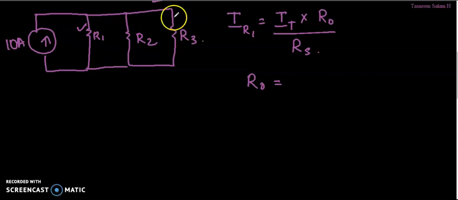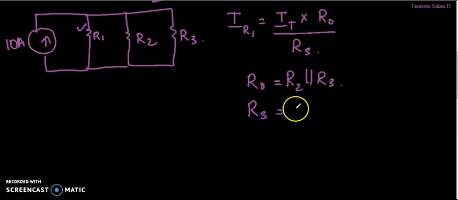The other two resistors are R2 and R3. Therefore, R0 is equal to R2 parallel R3. And the sum of the resistors Rs is equal to the total resistance, that is R1 plus R2 parallel R3.